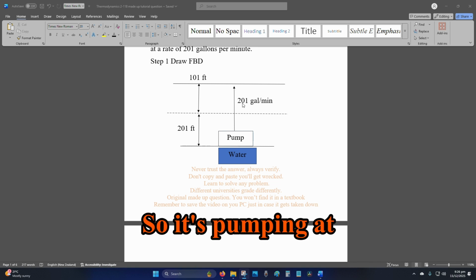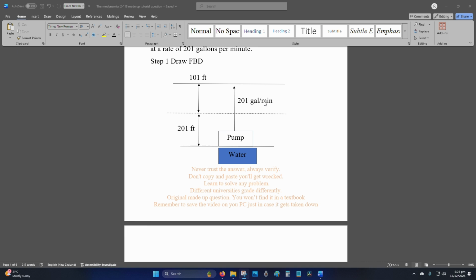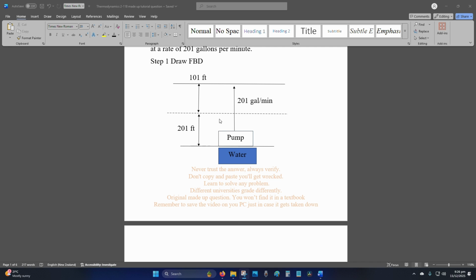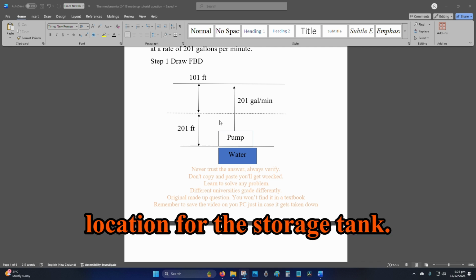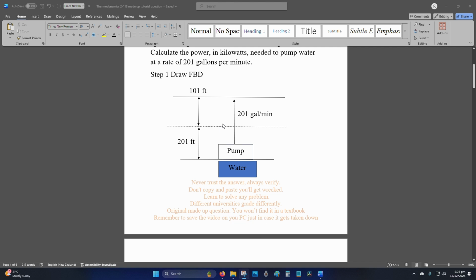So it's pumping at 201 gallons per minute. And it is above 101 feet above ground. That's the final location for the storage tank. Okay.